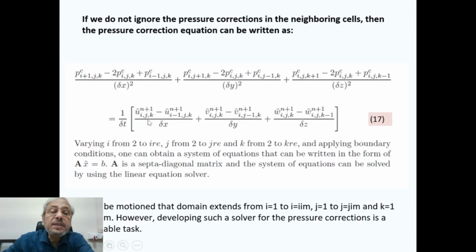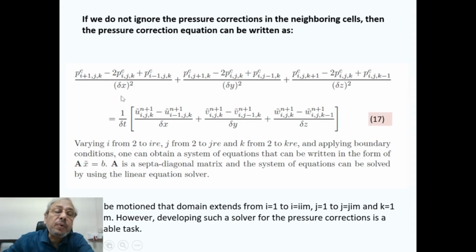Basically this is the continuity equation written in terms of provisionally advanced velocity components.